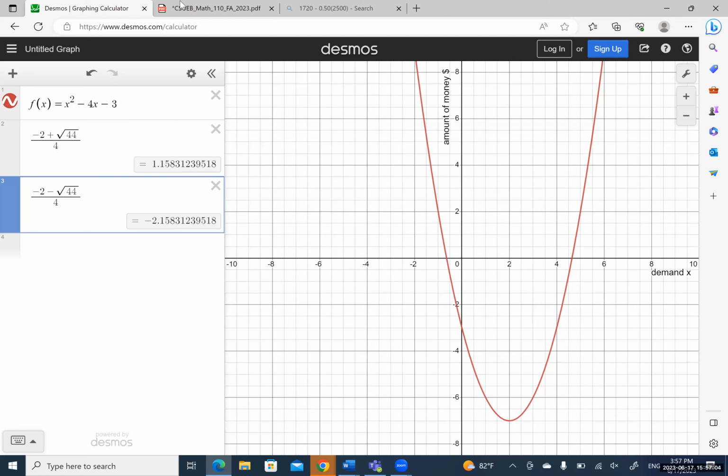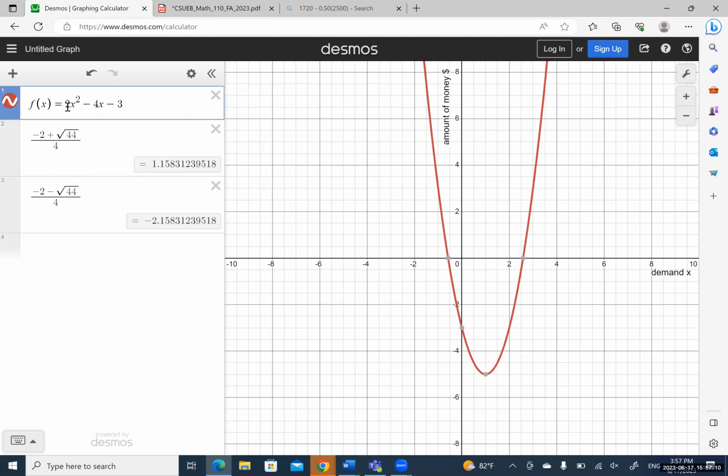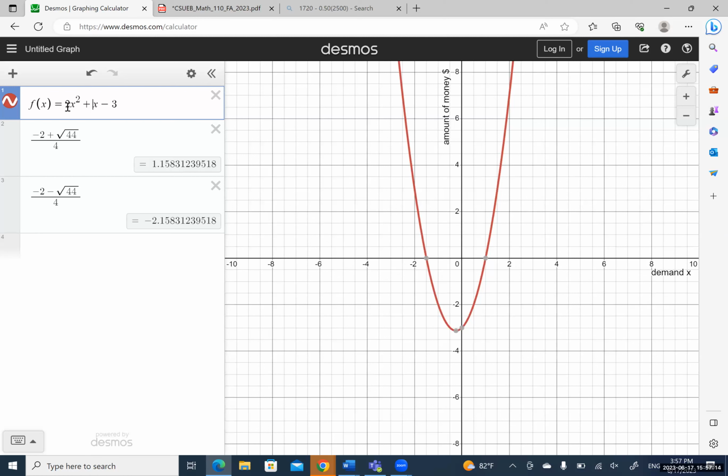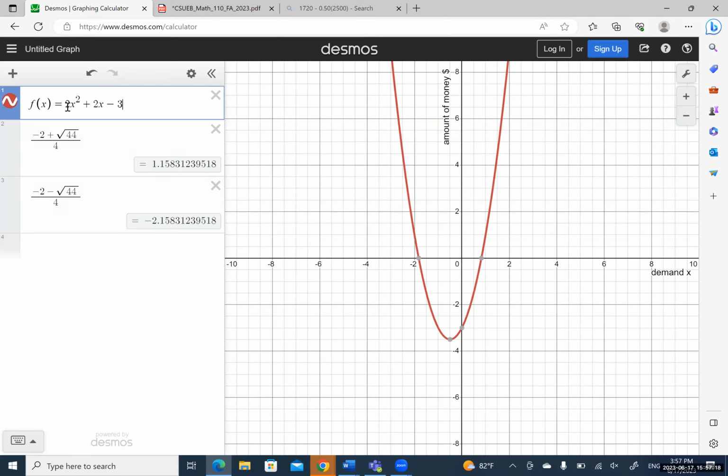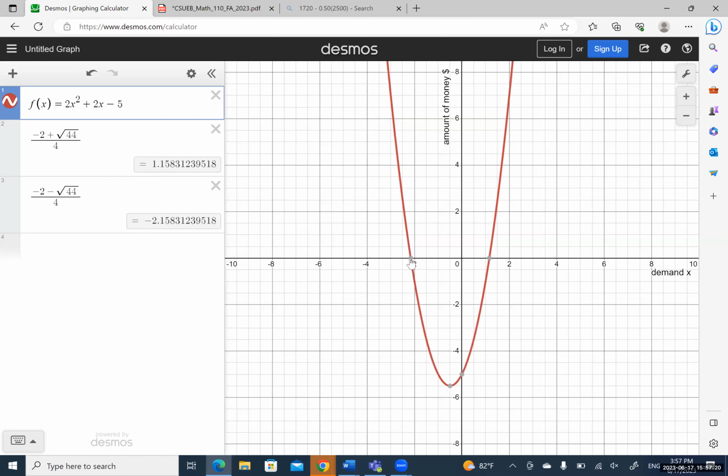Okay, I want to check to make sure this is the correct one. So 2x squared plus 2x minus 5. We have -2.158 and 1.158, so I'm going to say -2.16 and 1.16.